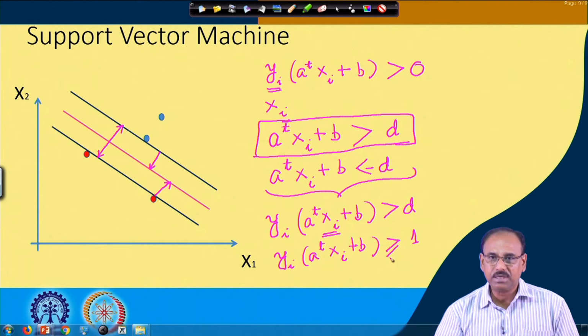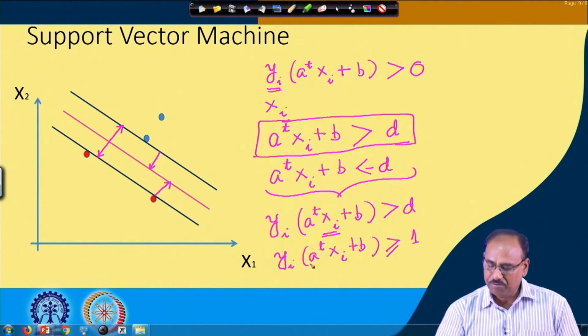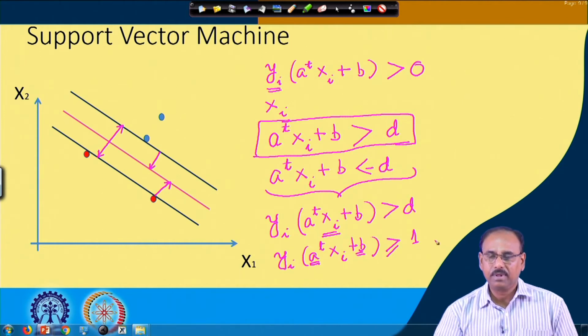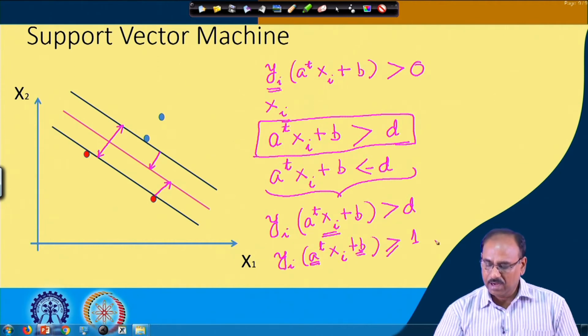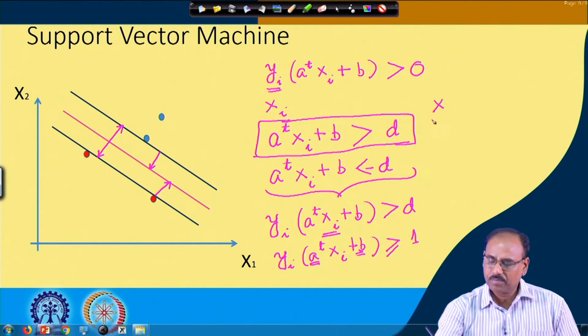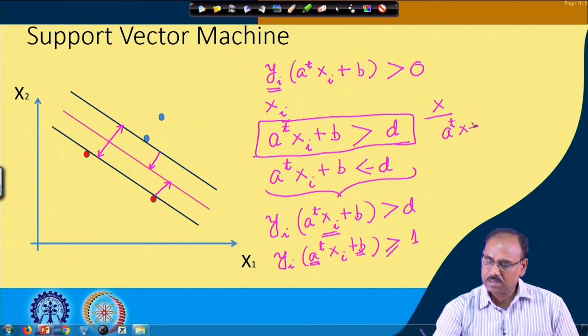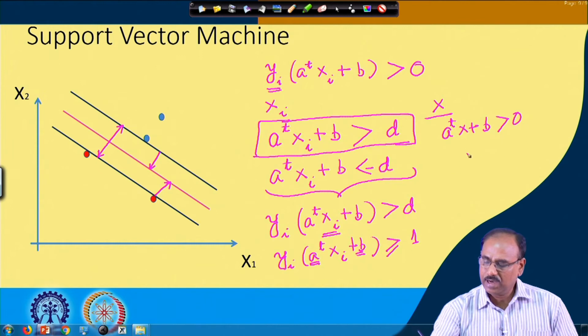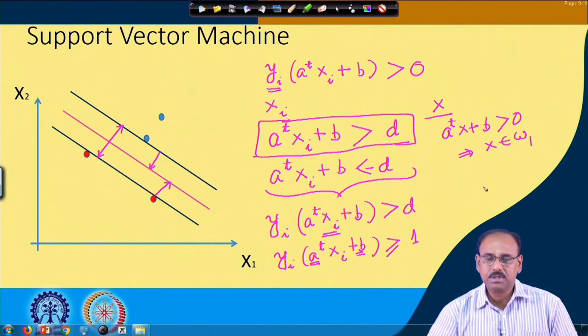But for classification, once I fix what A and b should be, after choosing the separating plane using the training vectors, then for any unknown x, my classification rule is that A transpose x plus b greater than 0 indicates that x belongs to class omega 1, or if A transpose x plus b becomes less than 0, then my decision will be that x should be classified to class omega 2.